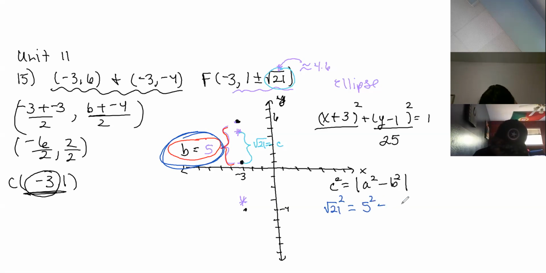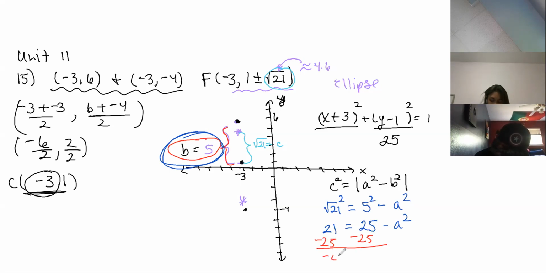so 5 squared minus A squared. The square root of 21 squared is 21, equals 25 minus A squared. Subtract 25. What's 21 minus 25? -4. And that shouldn't freak us out, because how can I get rid of that negative?